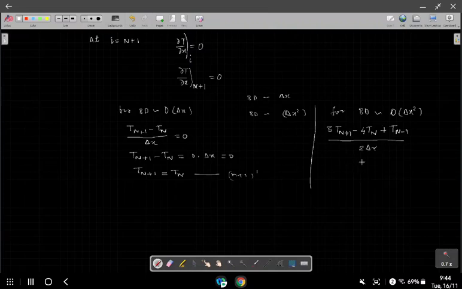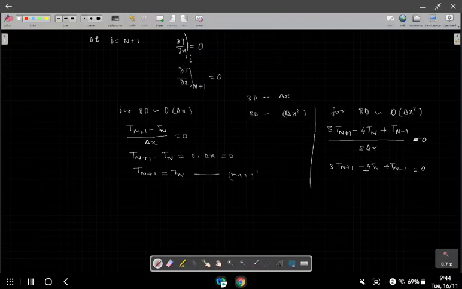This is also an expression. You can use either of these two. This has to be 0. So you get 3 T(n+1) minus 4 Tn plus T(n minus 1) equals 0, and this n minus 1 will be a known, previous term.